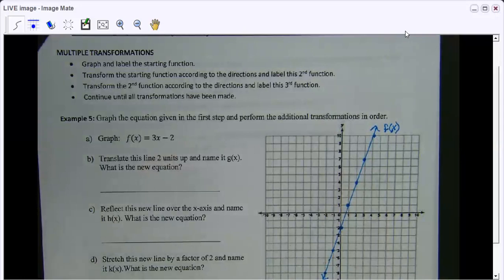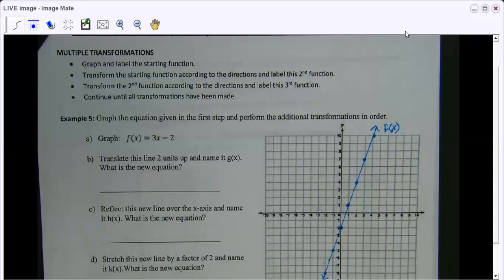Letter B tells us to translate this line 2 units up and name it g of x. There's two ways you can do this. You could actually move each point up 2 units, or if you know the rule, you could just change the equation and graph that. I know that the rule, when you shift a line up, you're going to add to the y-intercept.